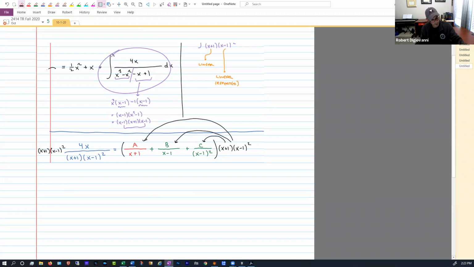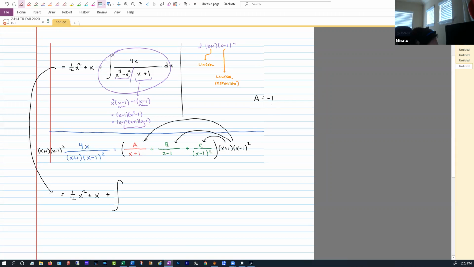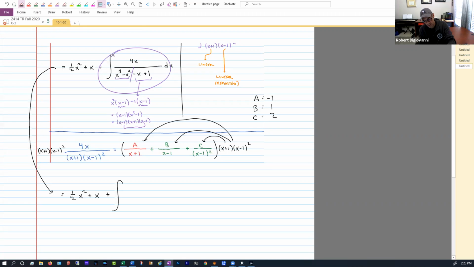From here we had 1/2 x squared plus x plus, now we're going to do a new integral. What were my answers? -1, 1, and 2. So A was -1, B was 1, and C was 2.